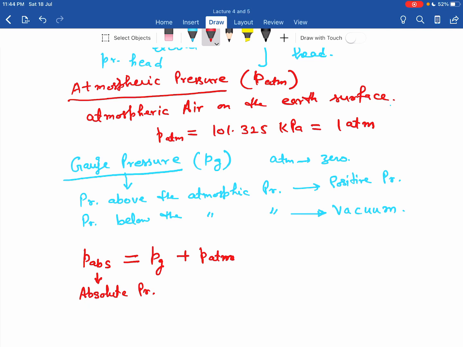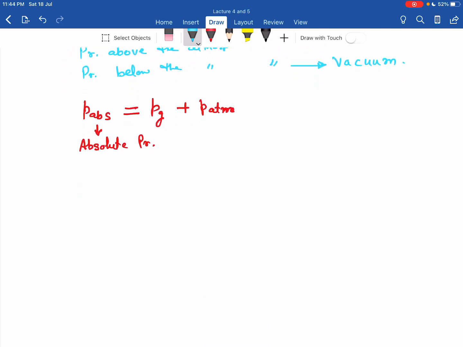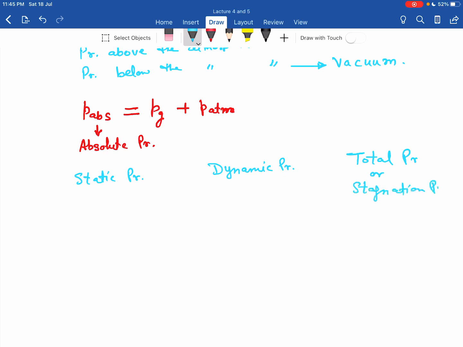Gauge pressure plus atmospheric pressure, we call absolute pressure. Now we have three more types of pressures. One we call static pressure, another one is the dynamic pressure, and the third one is the total pressure. Total pressure we also call stagnation pressure. Okay, the symbols are PS, PD and PT.